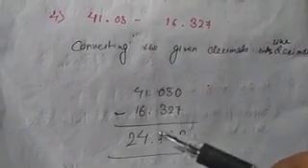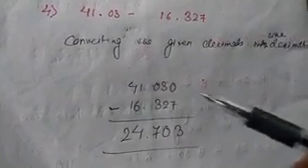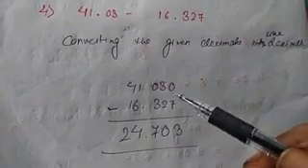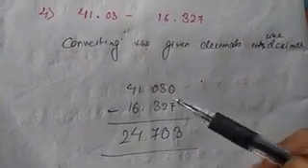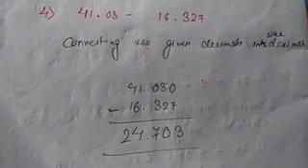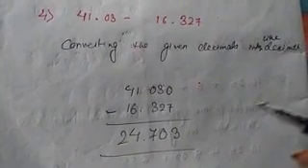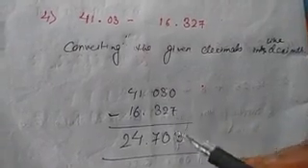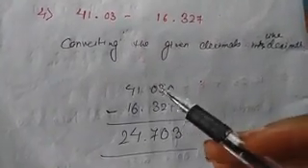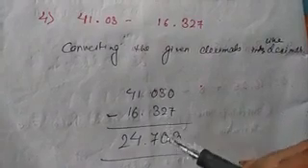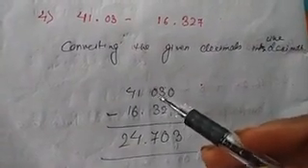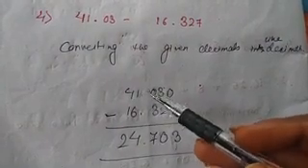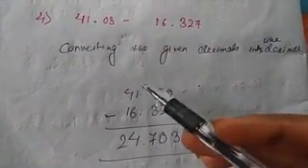So 41.030 minus 16.327. 10 minus 7, 3. As 7 can't be subtracted from 0, we take 1. 10 minus 7, 3. Then here is 2. 2 minus 2, 0. Then again take 1. Then 10 minus 3, 7. There again there is 0.